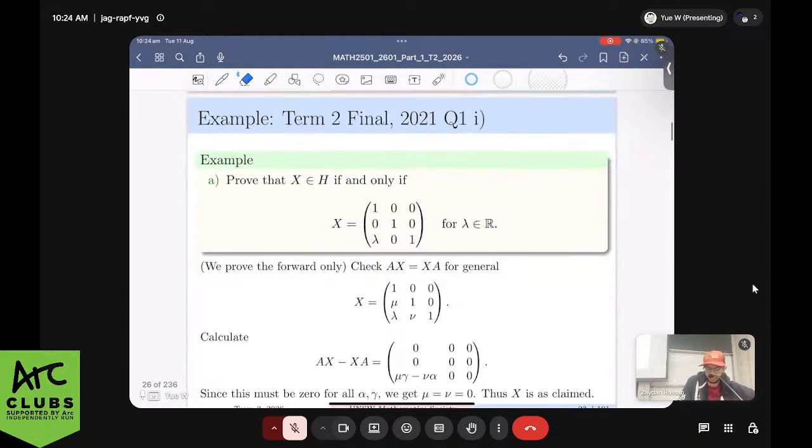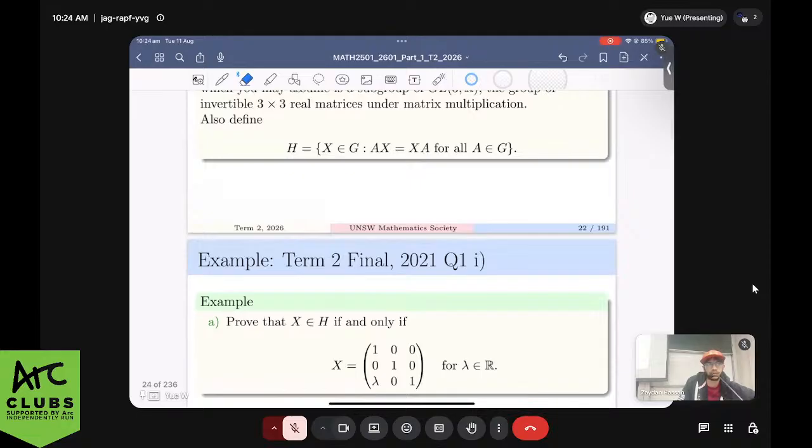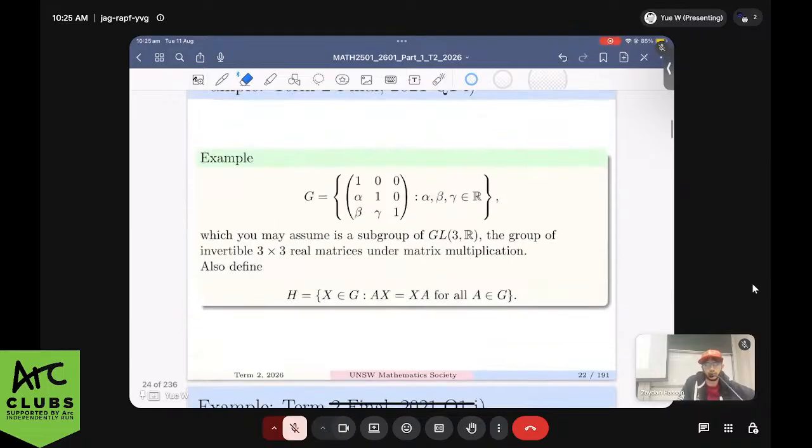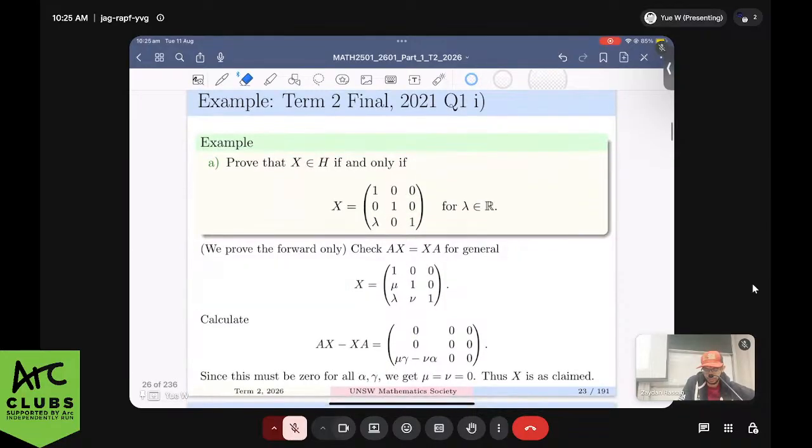Okay, so X is in H if and only if AX equals XA for all A, right? So we'll only prove one of the directions. Assume this is true, AX equals XA for all A. Now, what is X? We need to write X in terms of G. Like G has given us this basic structure for any element of G. So we'll write X to be this.